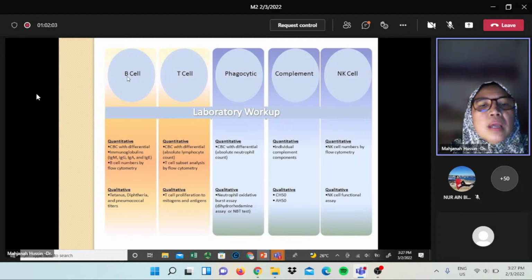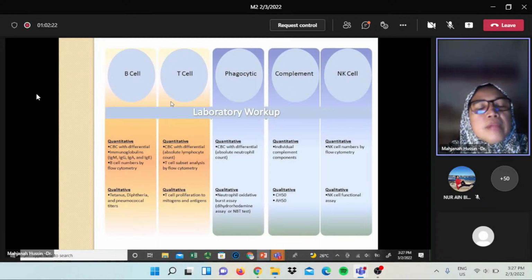For qualitative diagnosis, when you have a low level of B cell, chances are it is probably tetanus, diphtheria, pneumococcal titers. You can have a reference on that.